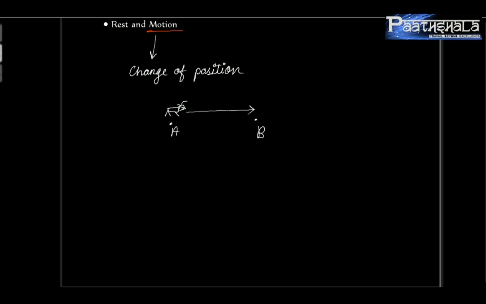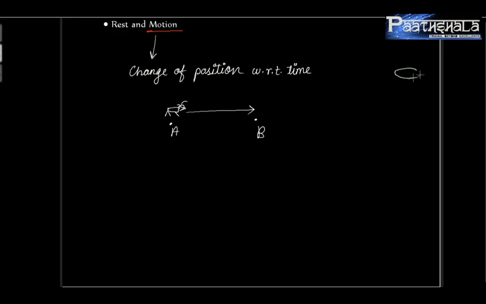How quickly it will happen depends upon how fast the dog will run, so it will depend upon the velocity. How the velocity will change depends upon the acceleration. So basically kinematics is the study of motion, meaning how does position change with respect to time. So motion is nothing but change of position with respect to time.